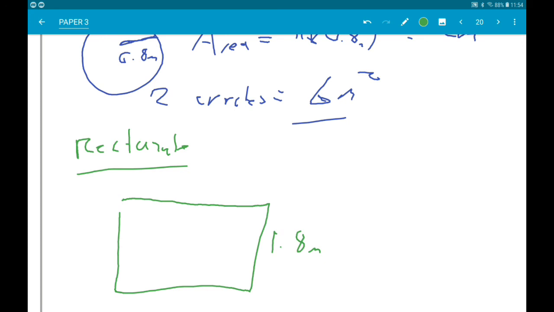Circumference of a circle is pi times diameter. So that's going to be 1.6 pi. So the area here is 1.8 meters times 1.6 pi. Now again, that gives us 9.0 blah blah blah. So we're just going to say that's 9 meters squared.